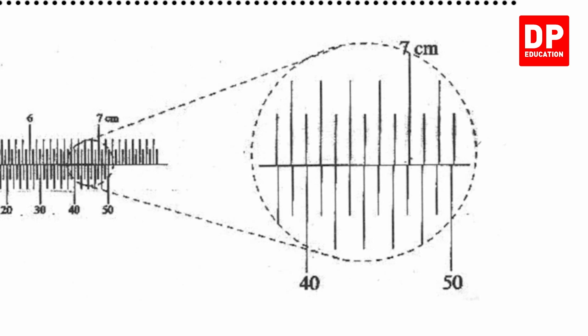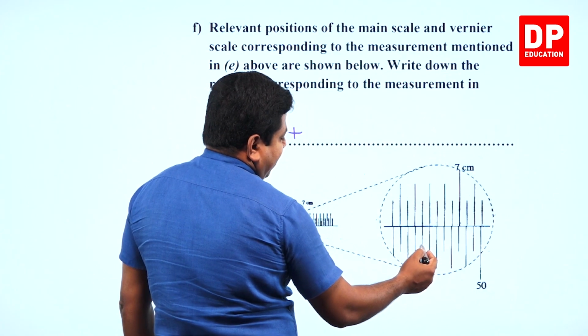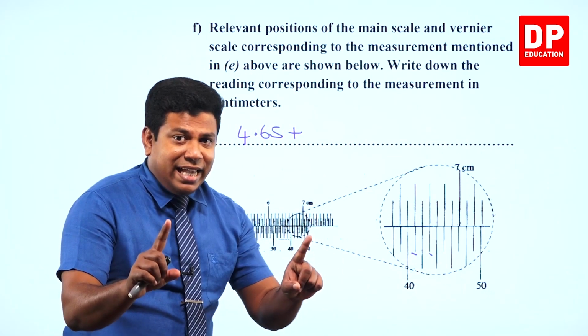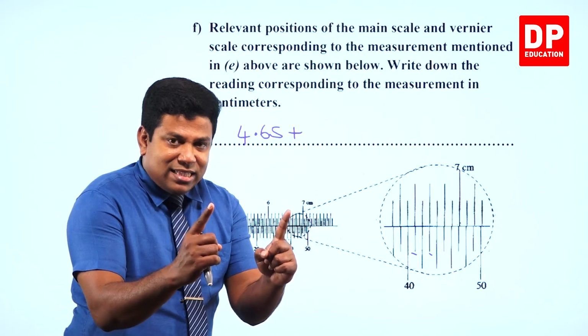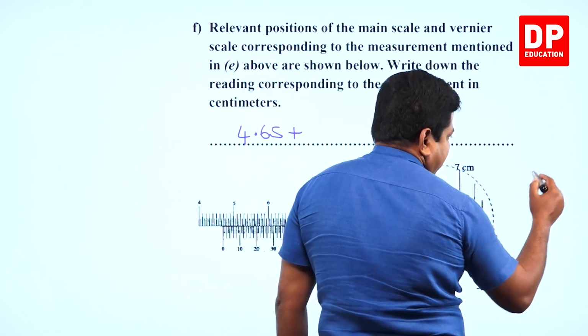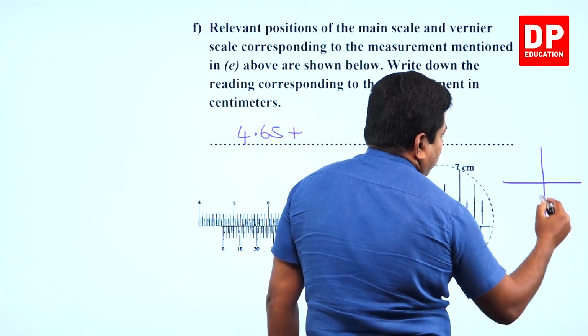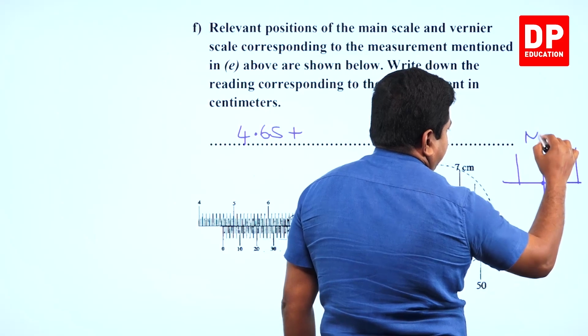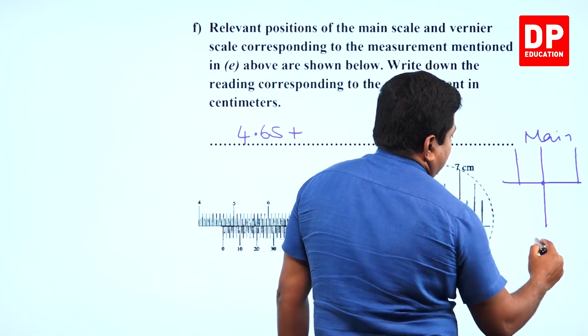And I told you earlier also, when 42 is aligning, the other two adjoining vernier lines will be inside the main scale lines. That means, if I further enlarge this and show, okay, this is where 42 is. Then this is where the main is. This is main. This is where the vernier is.